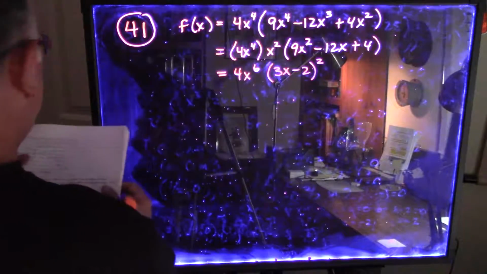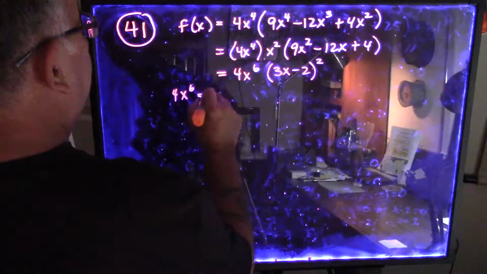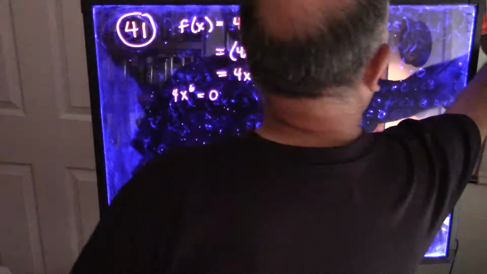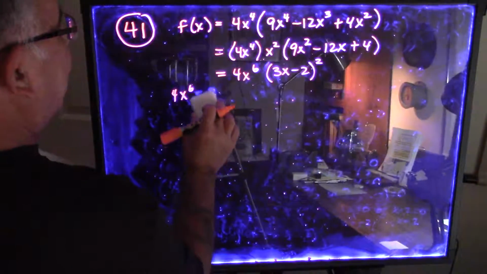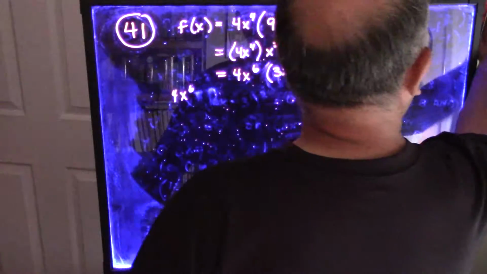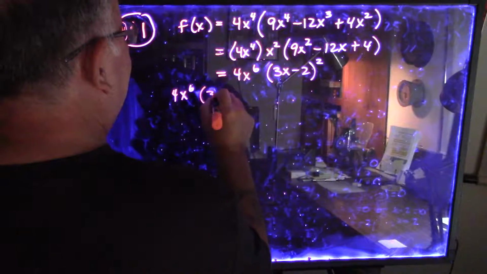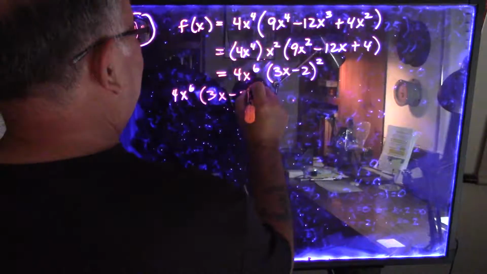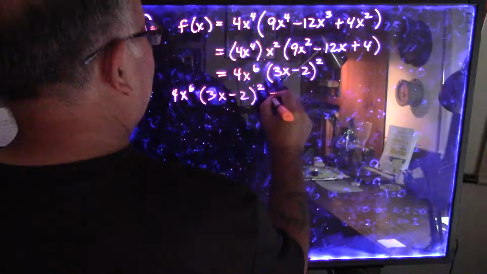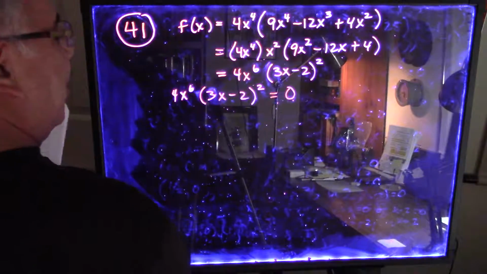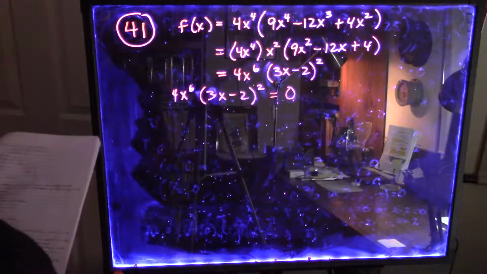Alright, now you set that equal to 0. Oops, I'm getting a little bit ahead of myself here. I want to get done with this problem, right? Because this is the last one of these kind of problems. I think you all understand my feeling here. Mathematicians sometimes get bored with certain problems, okay?